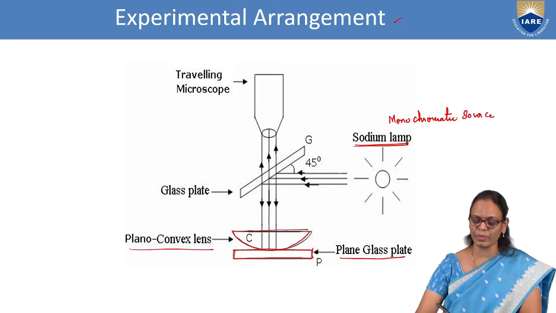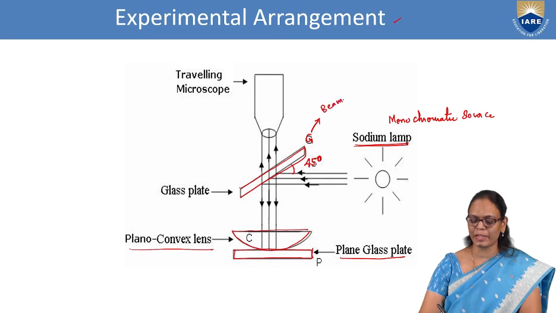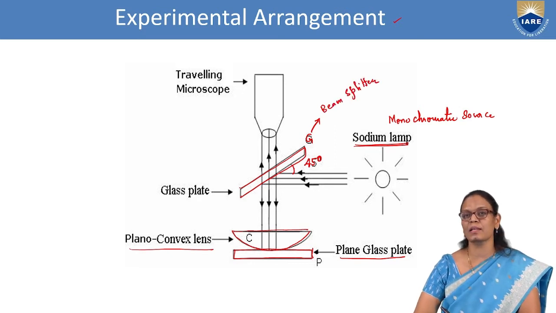For that, what we do is we keep a glass plate G inclined at an angle of 45 degree to the horizontal. This glass plate, which we may also call a beam splitter. How are we placing this glass plate?